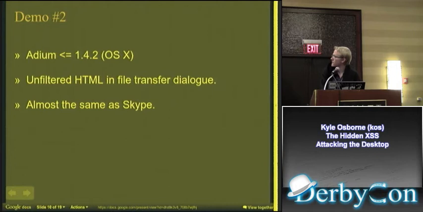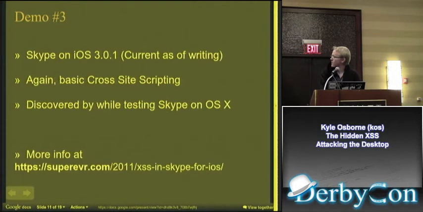So now let's get on to some more fun stuff. Instead of OS X, let's go for your iPhone. Skype again, I kind of feel bad about picking on Skype, and this was actually discovered by my coworker, Phil. We found it while we were playing with the original Skype on OS X, and he looks down at his phone because he was logged into Skype on his phone, and he goes, "Oh shit, I just got an alert box."